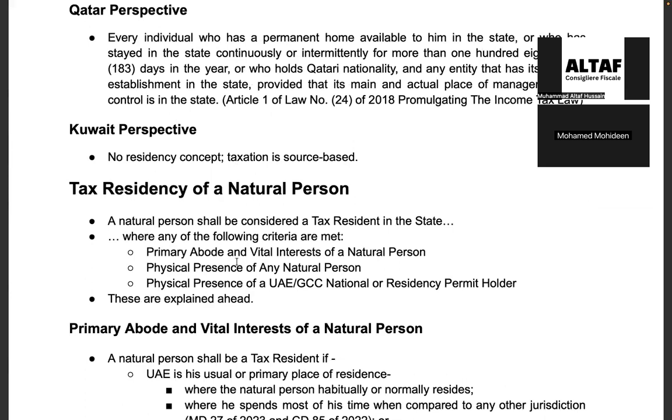Natural person discussion is a bit more detailed. It is relatively easier to determine the tax residency of a juridical person, but a natural person may have a bit more complication.